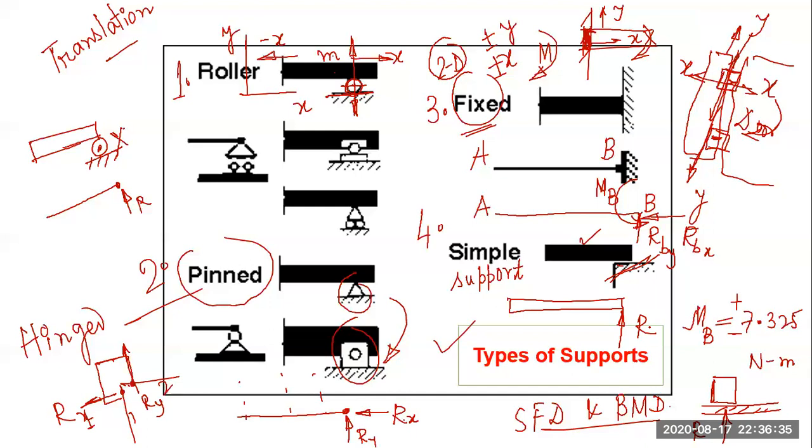If you want to replace a fixed joint or fixed support, then you replace it by a vertical force, a horizontal force, and a moment, either anti-clockwise or clockwise. This is as per my assumption, because I cannot assume correctly what the direction will be without solving the problem. And for a simple support, the reaction will be vertically upward, from the supporting surface vertically upward.